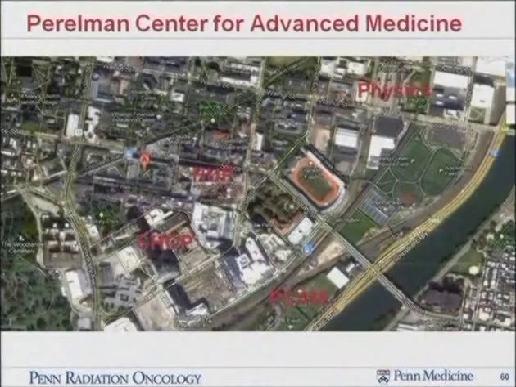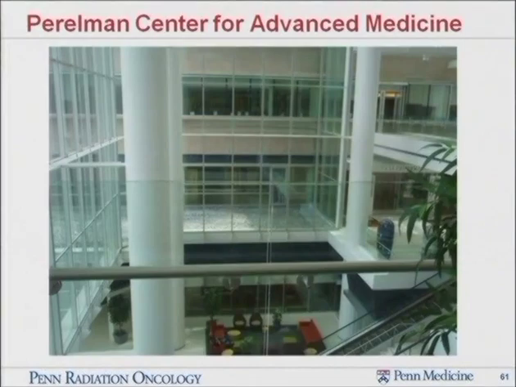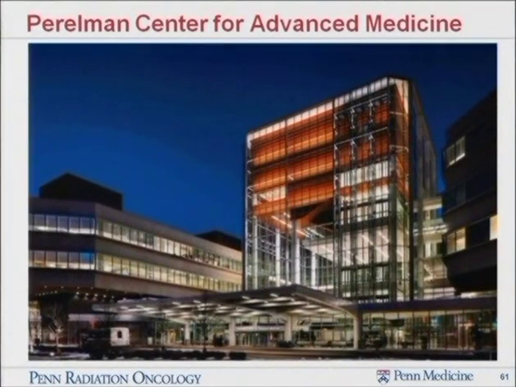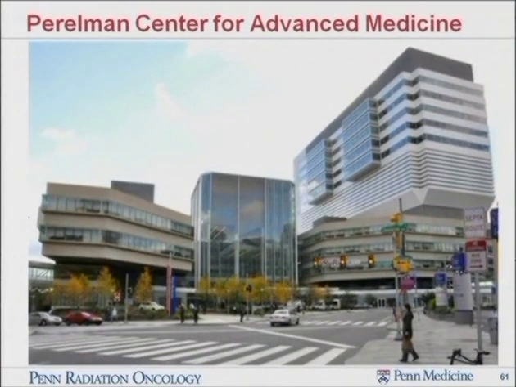It's about 15 minutes walking distance. That's what it looks like. This is the new cancer center inside, night view, and outer view. The thing which is very nice is they also have a research center built in the same building. So we have the labs doing all the lab work, and then you can just wheel things down to the cancer center very easily. Okay, thank you very much.